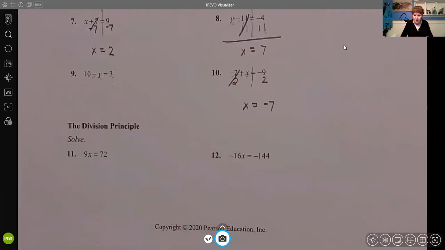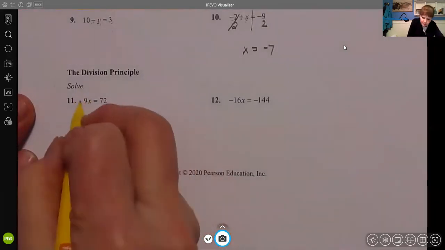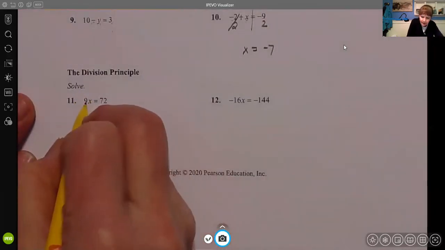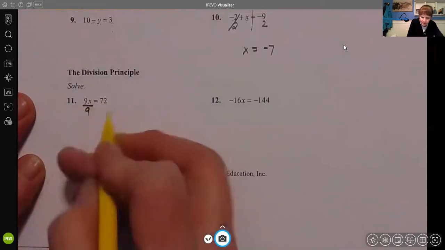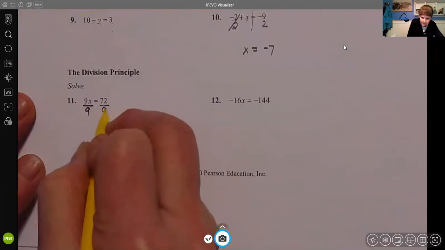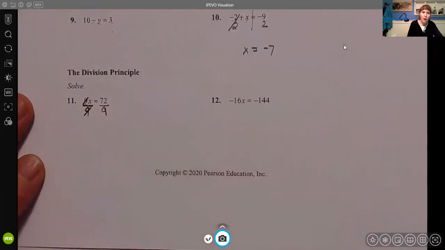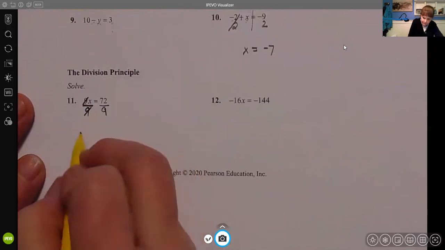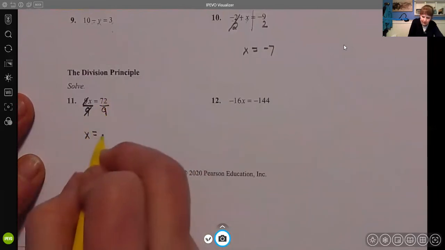Now here on 11 and 12, you're not adding, you're multiplying, because when two things are next to each other, like this 9 and this x here, it means multiply. So to get rid of the 9, what I want to do is make that a 1. So here it cancels and you're left with just 1x equals 72 divided by 9 is 8.